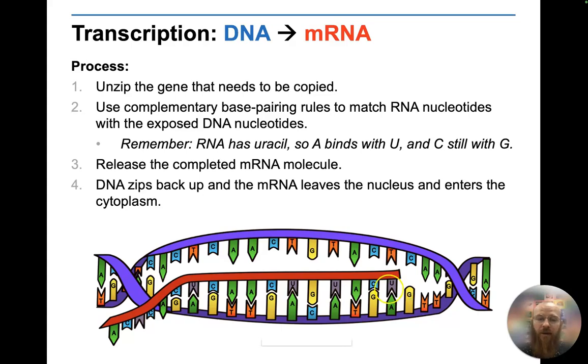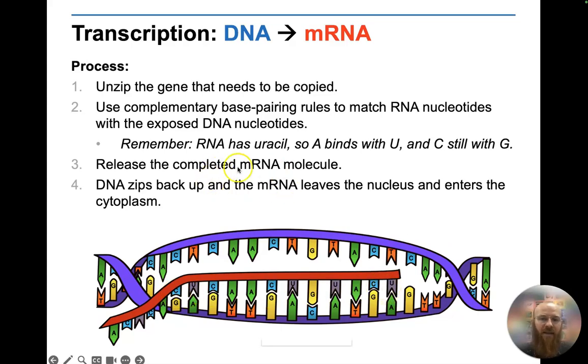Instead, we use uracil, and that's the U. So now, if I'm making an mRNA strand, anytime I see an A, I'm going to bring in a U, which is that uracil. And anytime I have a G, I still bring a C. So you can see how that process might work, right? Where I've exposed these bases by unzipping, and then I can use those same base pairing rules, A's and U's, C's and G's.